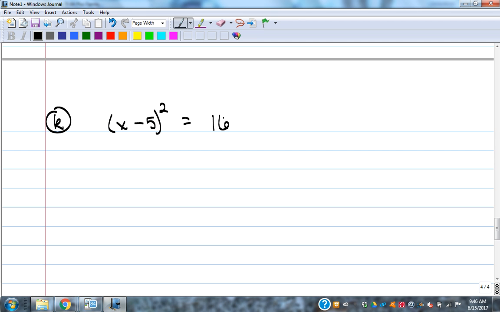These are easily done with square roots because you've got something in parentheses all squared. I can get rid of that squared by doing the inverse, which would be a square root. If I take the square root of both sides, on the side with the plain number, I'm going to put plus or minus. On the left-hand side, this square root and that squared cancel each other out, leaving you with just x minus 5.